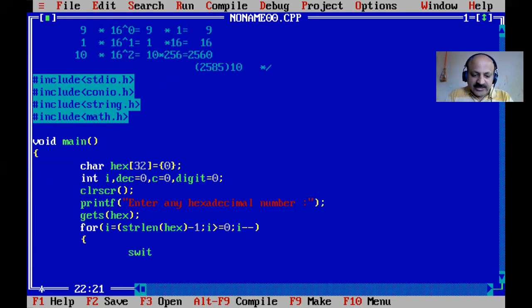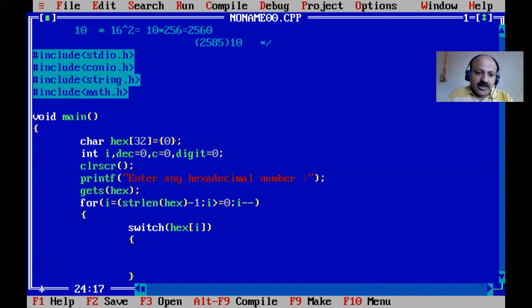Now we can take a switch case and pass our hex of I, that is a 1D array. Now we can take some cases, so we say capital A, with a colon sign. And now what to do? We initialize digit to 10 in capital A, and then break.